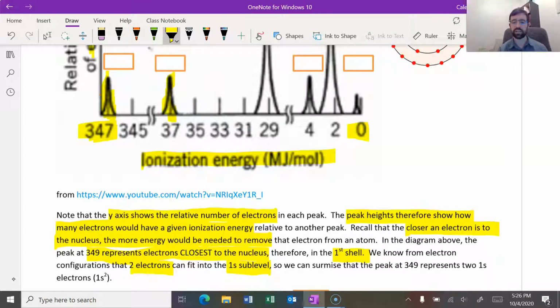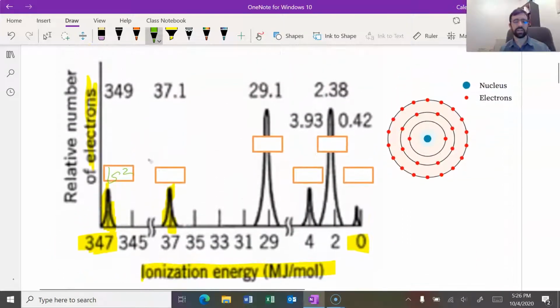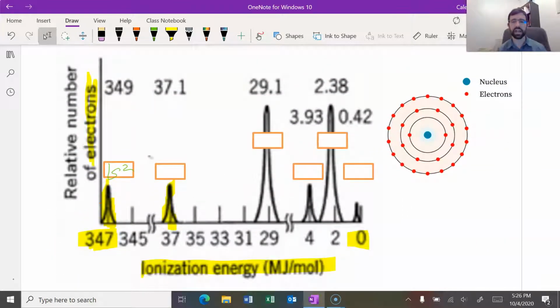So we can say the peak at 349 is 2 1s electrons, or 1s2. So we could write that in up here. We could say this represents 1s2.